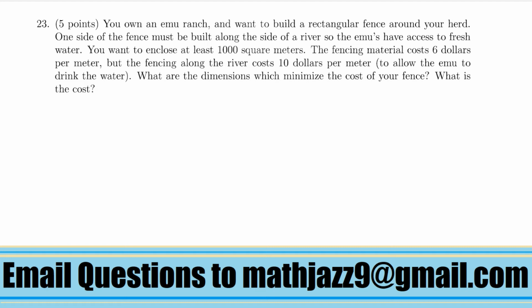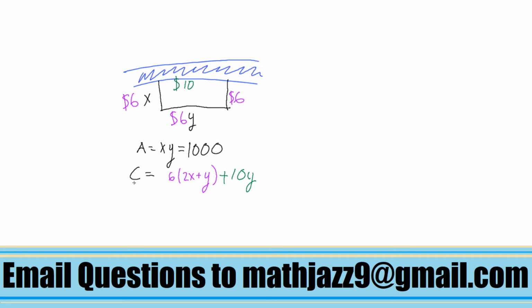Now, we also know that we're looking for the minimum cost. We're going to assume that the minimum cost is when we have exactly 1,000 square meters enclosed. So we're going to say that the area is equal to 1,000 square meters. And here we have our equations.